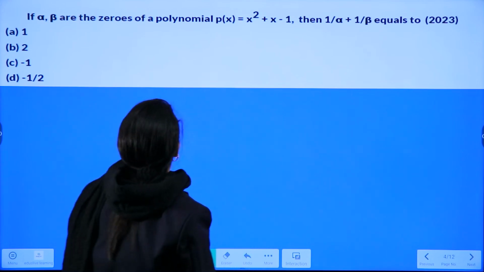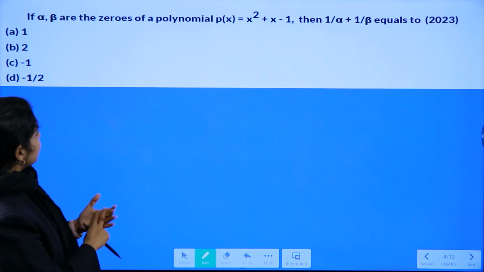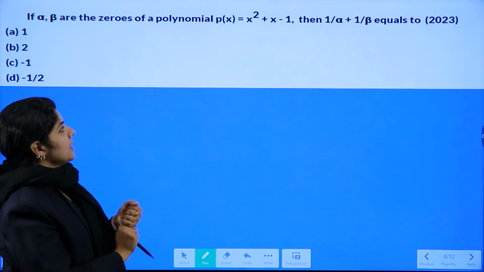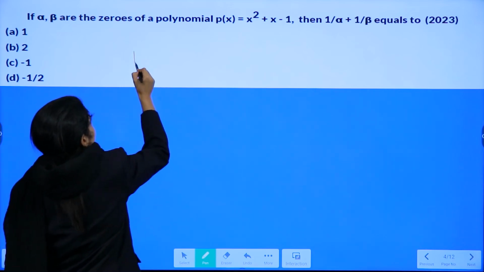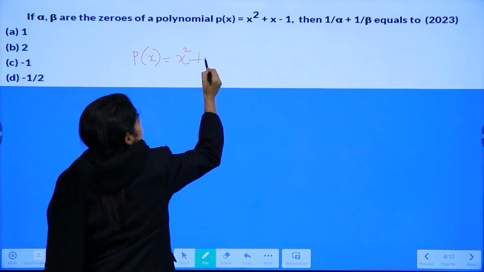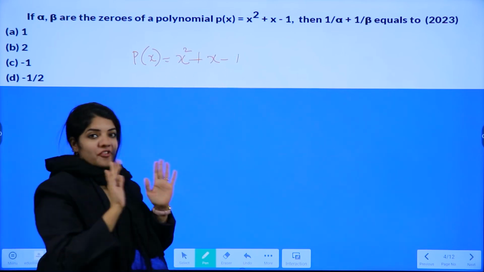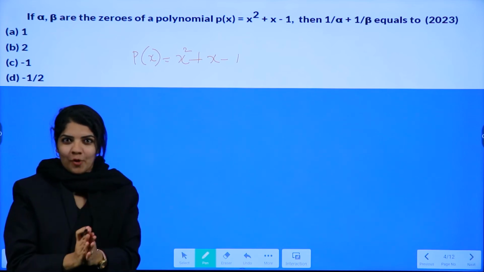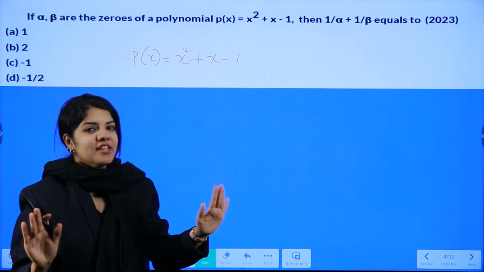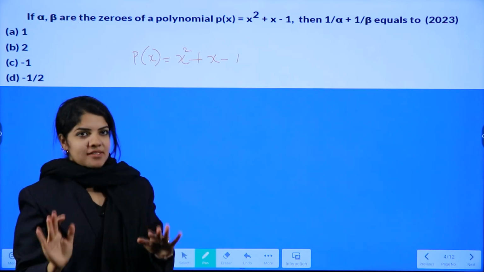Next question. If alpha, beta are zeros of the polynomial x square plus x minus 1. First we will compare this polynomial with the standard quadratic polynomial and write the values of a, b and c.